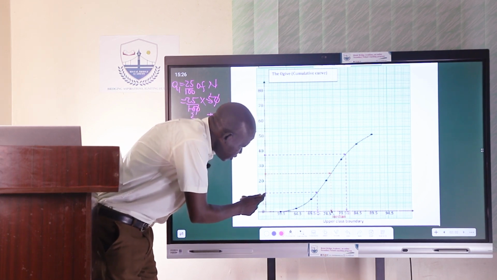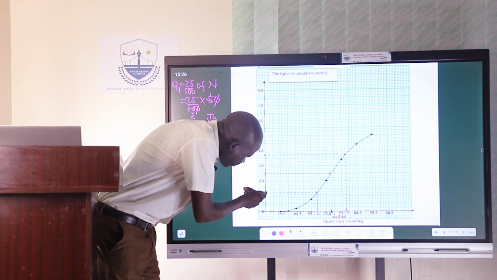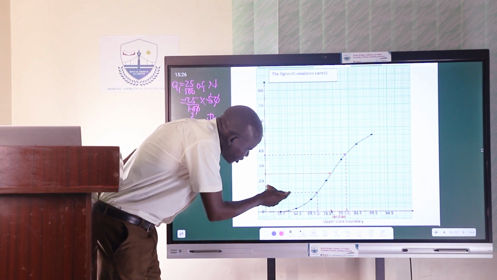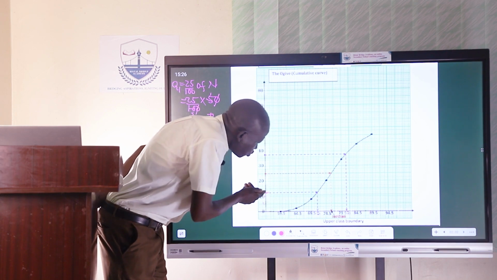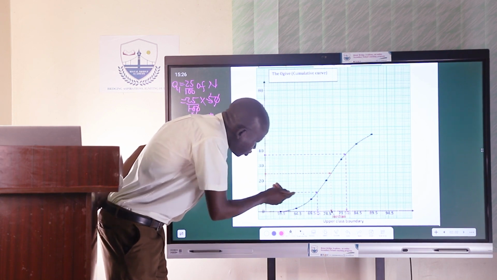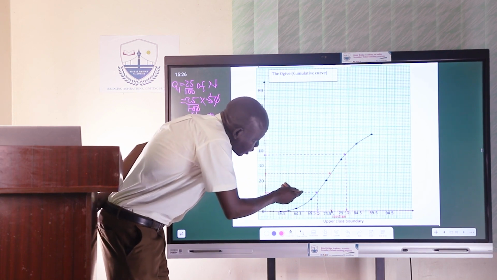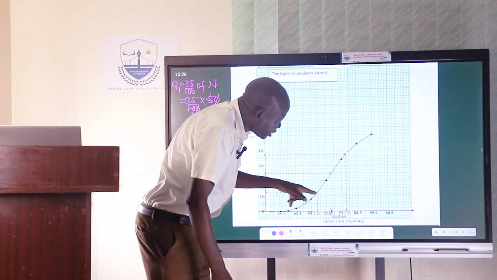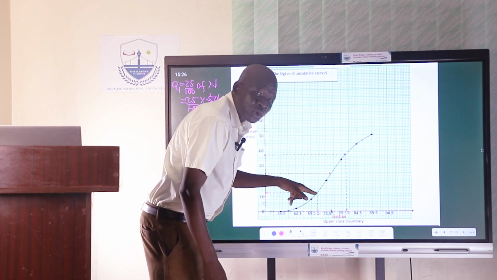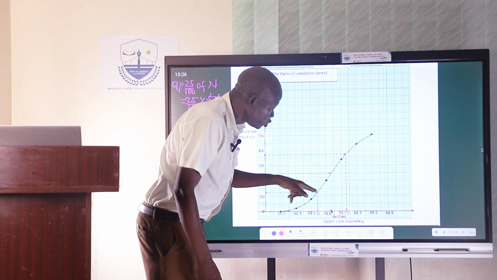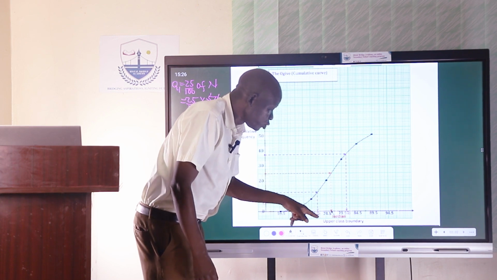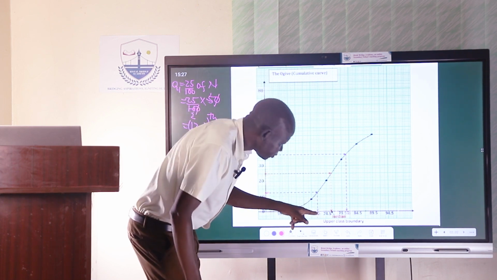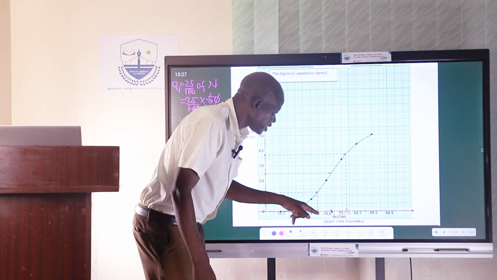This is 11, 12.5 is here. So through this point you draw a line across through 12.5. This line will meet the curve at a certain point. Where it meets the curve, you draw another line downwards to represent Q1. So Q1 is here down.